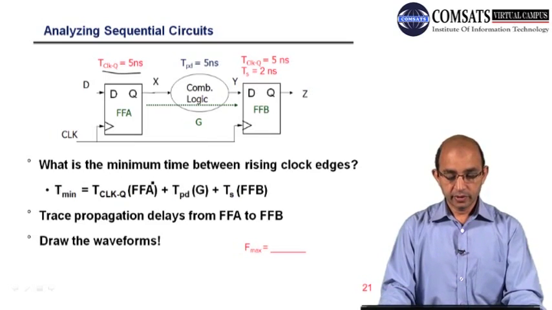What we need to do is calculate the minimum time between rising clock edges. So this is T minimum, and that will be the propagation delay of this, TPD G, as we name it, plus TS. Here we have only one path from input to output, so we have only one choice.